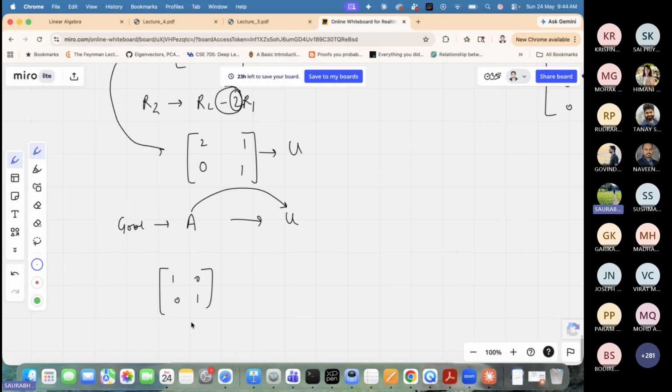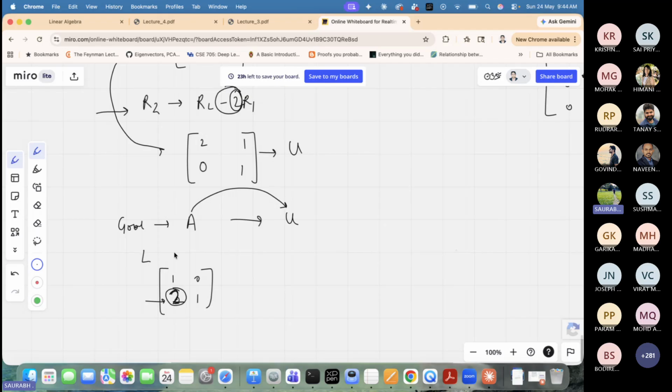The lower triangular matrix would be this: whatever I have taken as the multiplier for the elementary row transformation, I have placed that value in my lower triangular matrix.